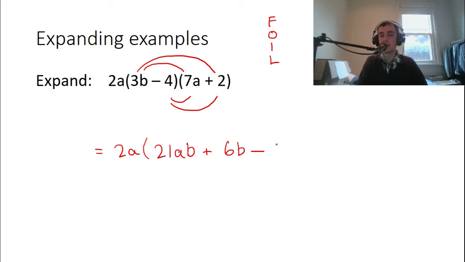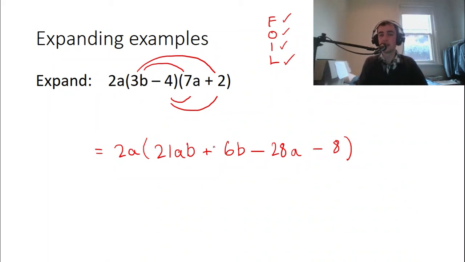So I'm subtracting here. Minus, 4 times 7 is 28a. And then finally, so I've done first, outer, inner, I have to do the last 2 terms. -4 again times 2, that's -8. Now I'll do my closed bracket. So now I've actually expanded these 2 factors.